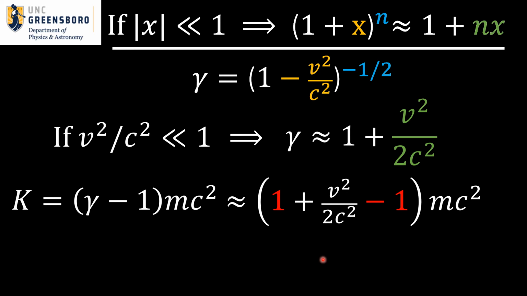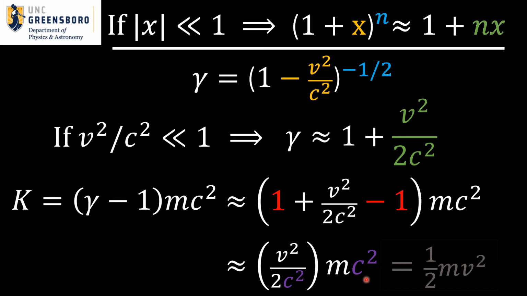And now you can see we've got this 1 and this negative 1. So when we add those together, those are going to cancel. We're just going to be left with this term here. And notice these c squareds are going to cancel. And so consequently, we're just going to get the classical form for the kinetic energy, just 1/2 mv squared.